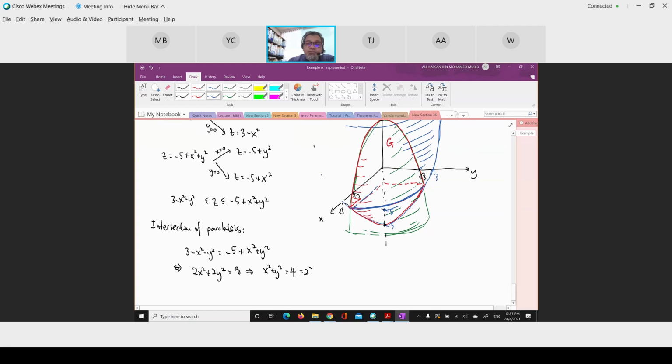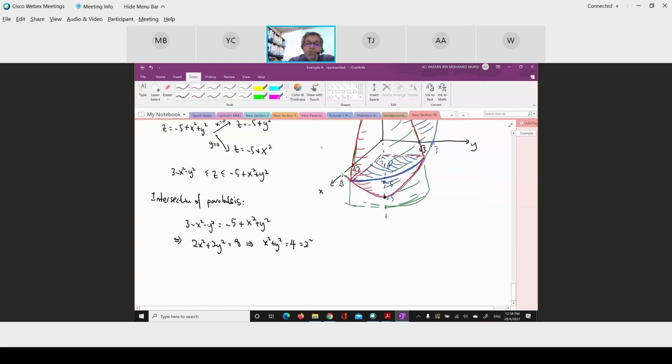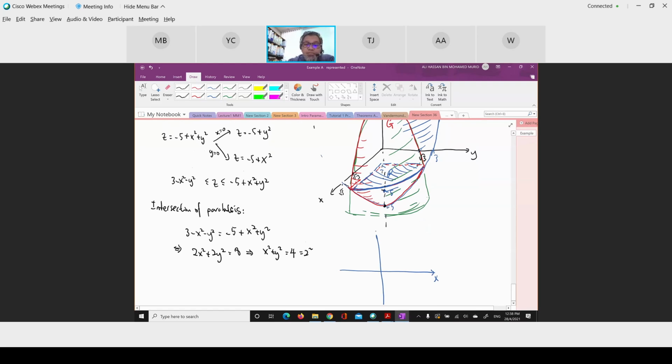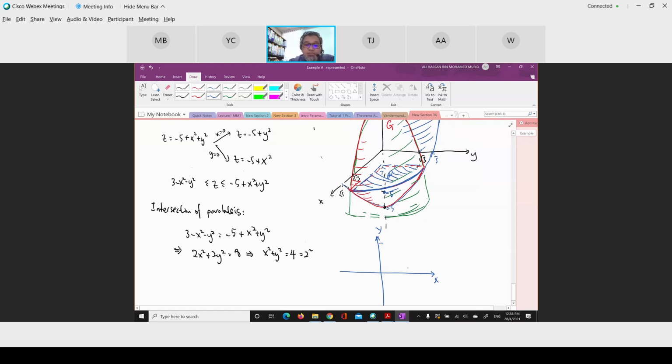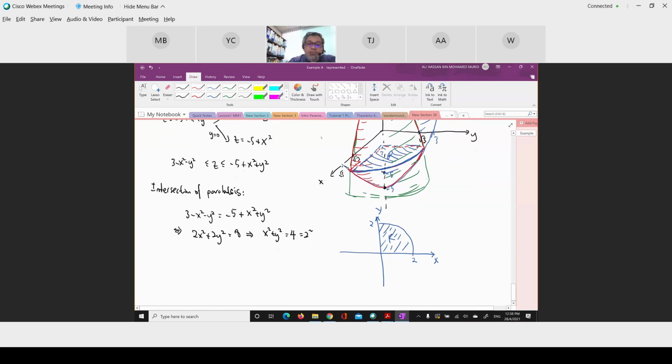So this is the region R. The point xy is in this region R, inside a circle in the first quadrant. It's a circle here of radius 2. So again, polar coordinates are suitable here.